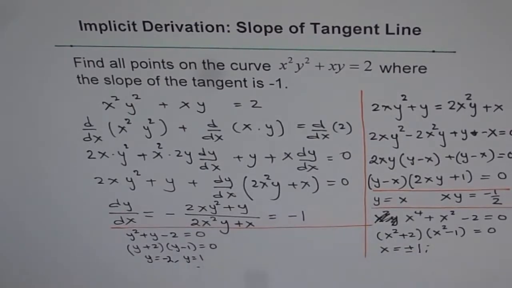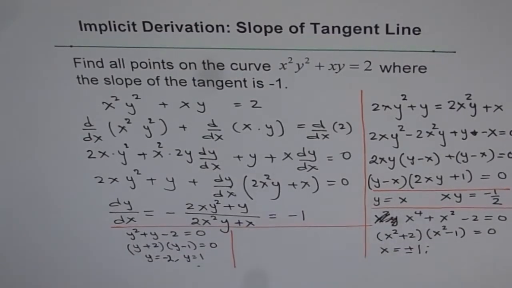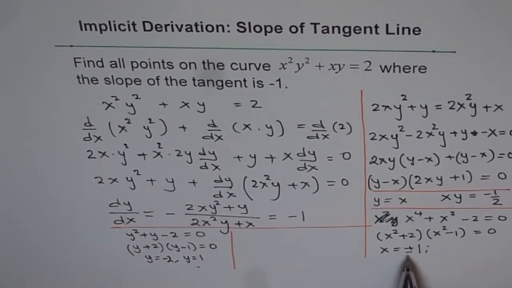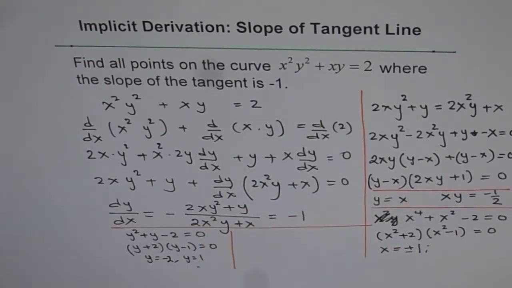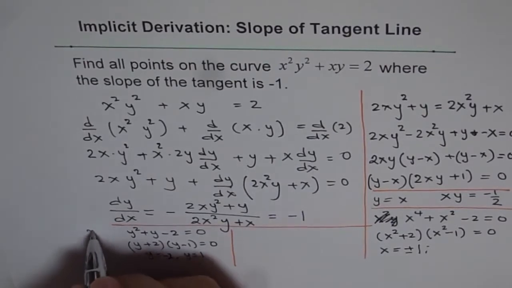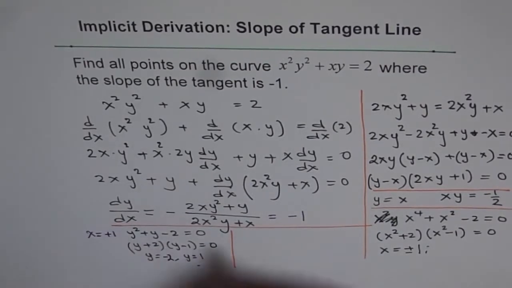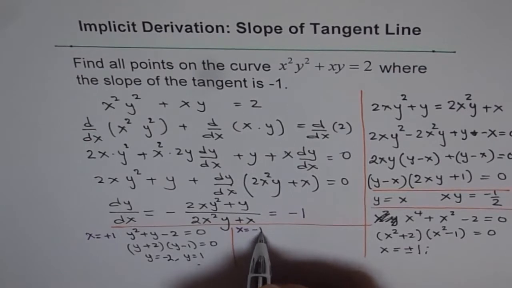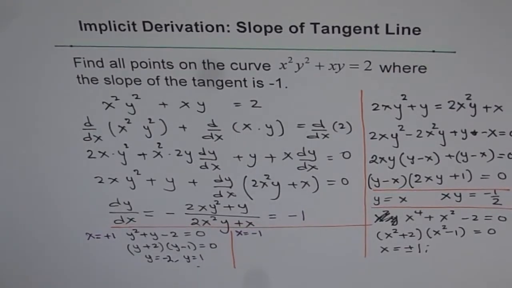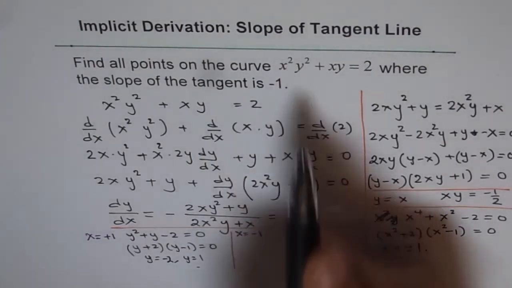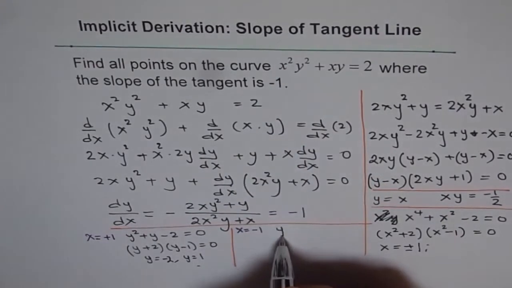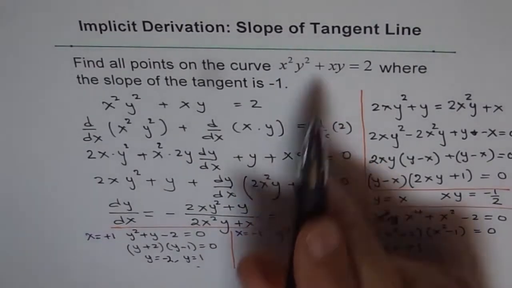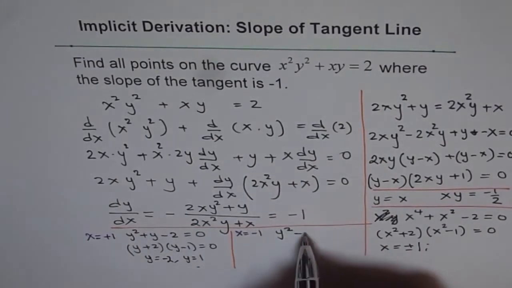Now let's also try this with x equals minus 1. So when I plug in minus 1 here, I get the equation, let me write here. This one was for x equals plus 1. Now we are doing x equals minus 1. So if x is minus 1, minus 1 squared is positive. So we get y squared, but this becomes negative, so this is negative y.